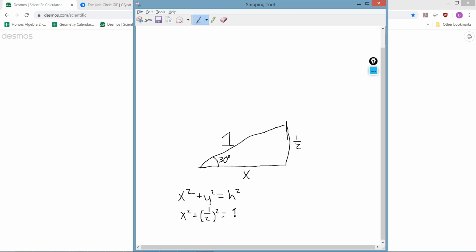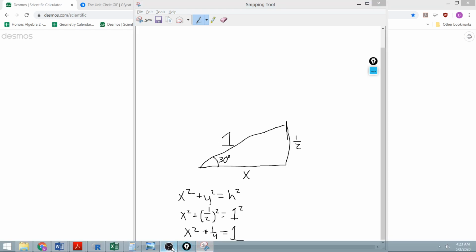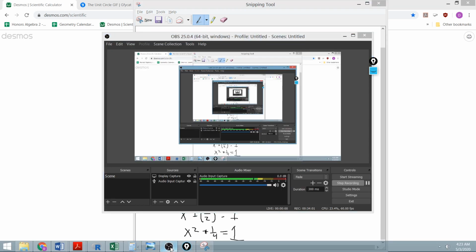So that's 1 squared, which is 1, right? So now if I do a little bit of math here, I have x squared plus 1/4 equals 1. Okay? And cool.